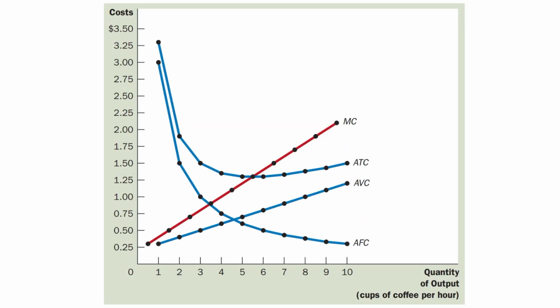And we can also see this in this figure. Whenever marginal cost is less than average total cost, इसका मतलब क्या है that the MC curve lies below the ATC curve.